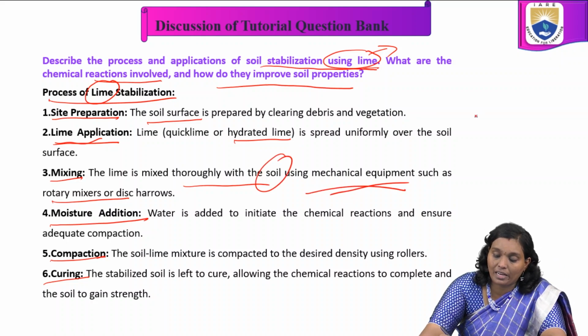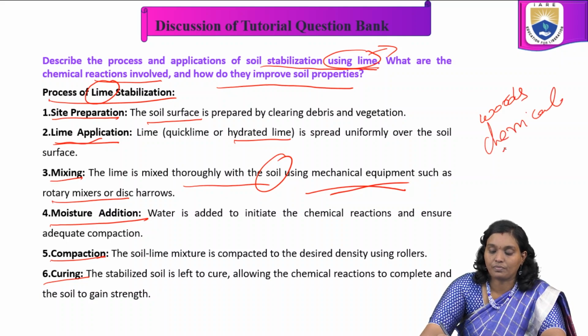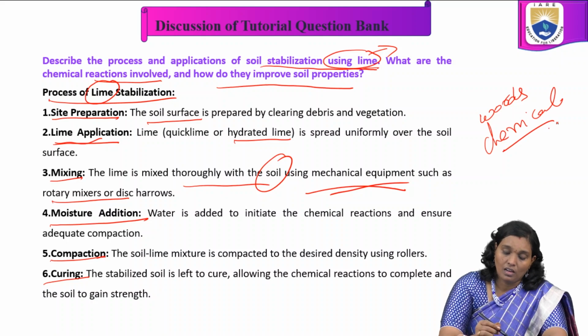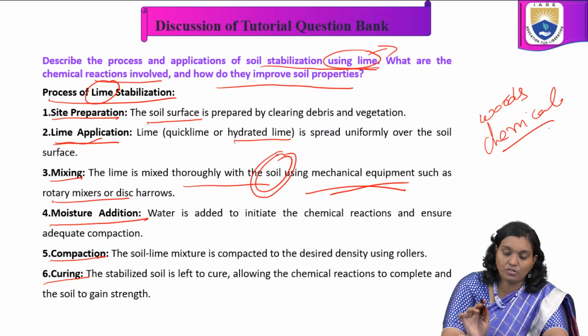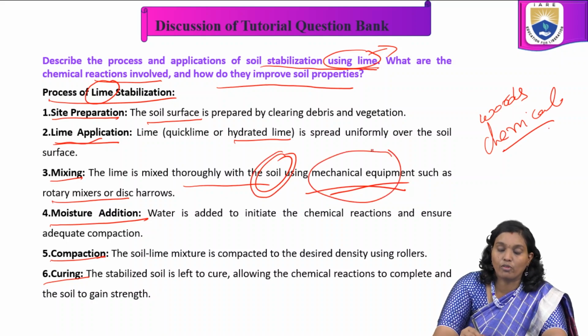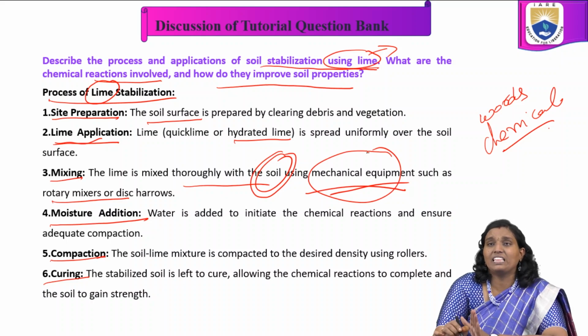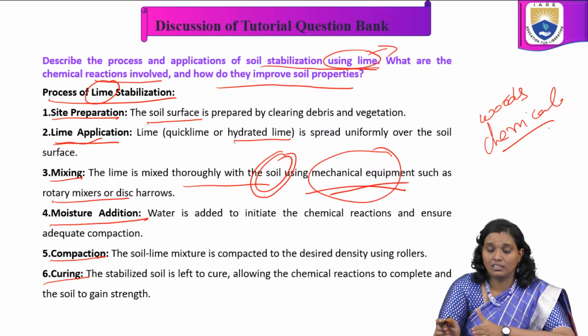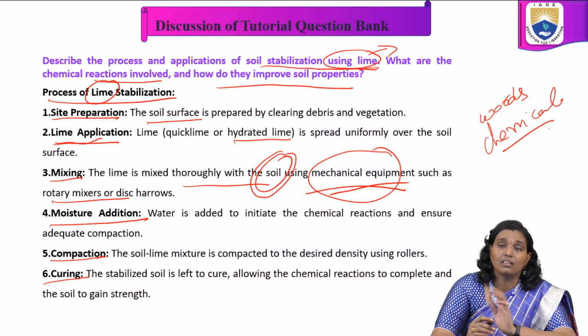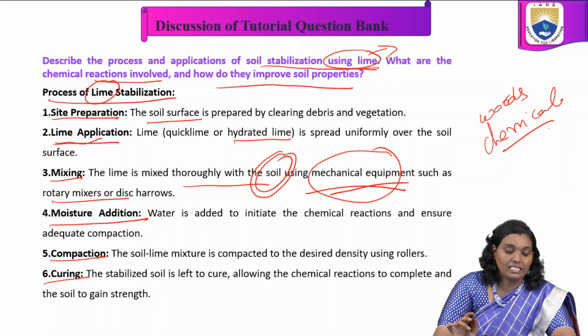These kinds of terminology or words which we use are relevant to that particular chemical. So for lime or any other chemical, the mixing of soil uses this mechanical equipment. Using these technical words which are relevant to that particular question is most important in the examination.